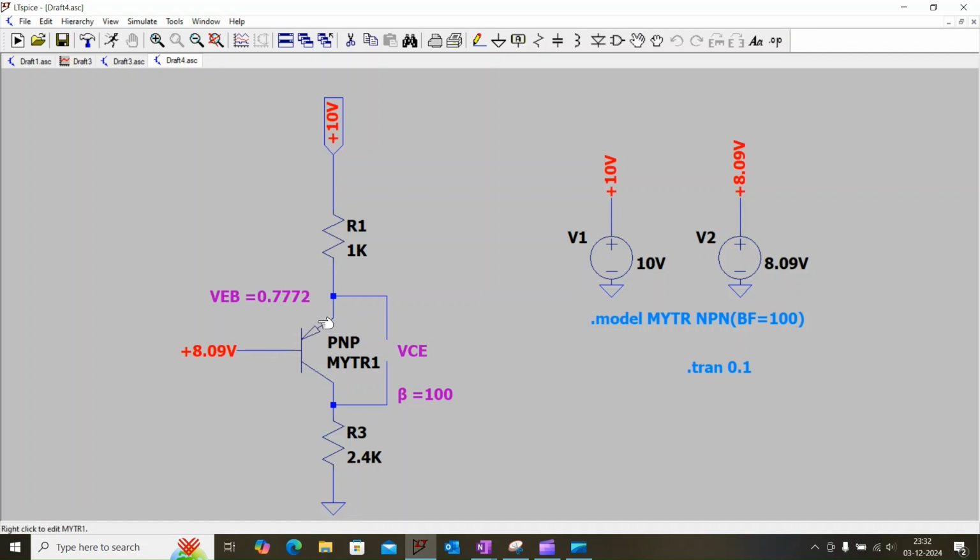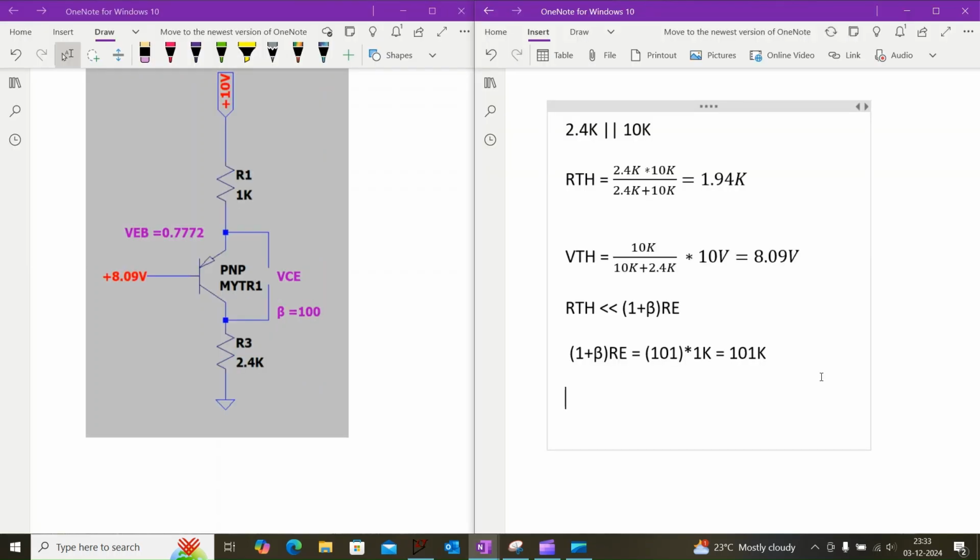In this transistor, the emitter to base junction voltage will be 0.772 volt, and we can say that the voltage VE minus VB is equal to 0.772 volt. So VE is equal to VB plus 0.772 volt, which is equal to 8.86 volt.